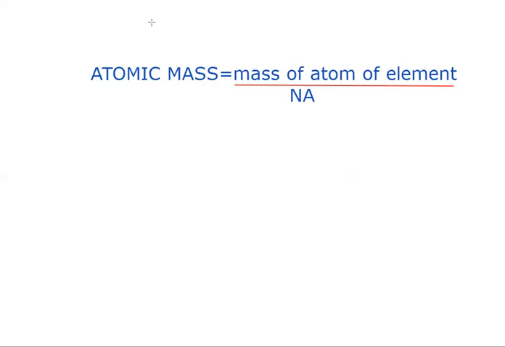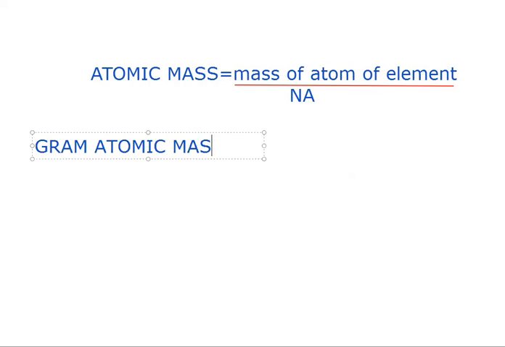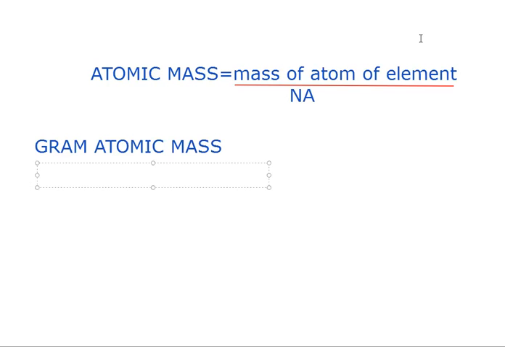Okay, so now we have to deal with one more term that you are coming across, the gram atomic mass. Okay, so this gram atomic mass is also nothing different. It is defined in simple terms.